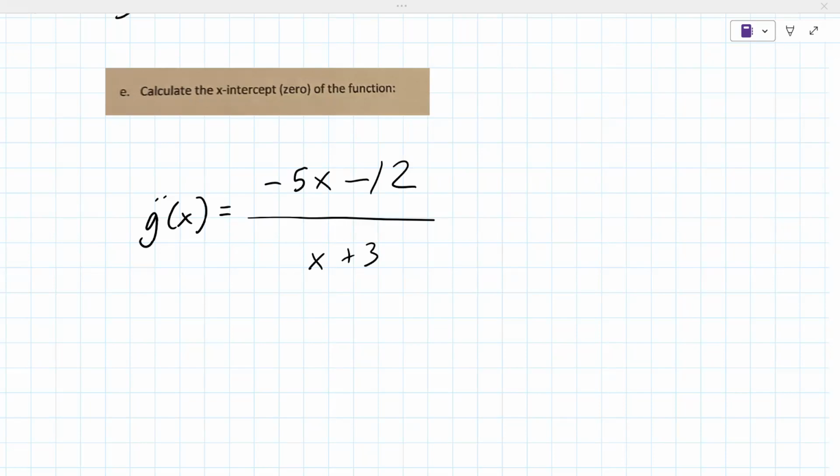I'm still looking for your answer to how do you find the x-intercept? We did this a bunch of times on Tuesday. You find the x-intercept, you just have to be able to find the x-intercept.